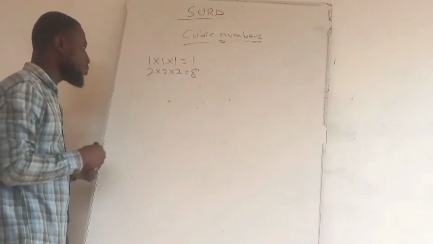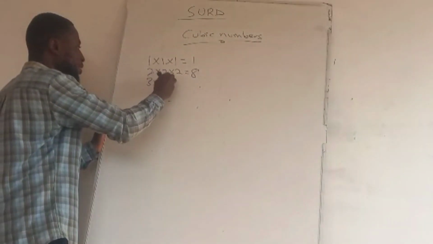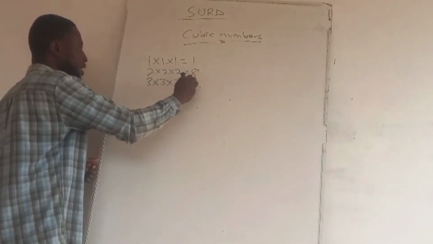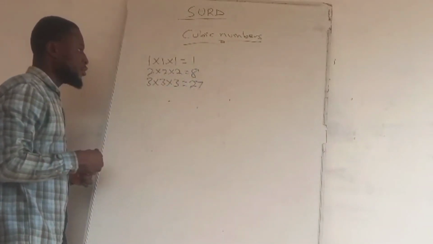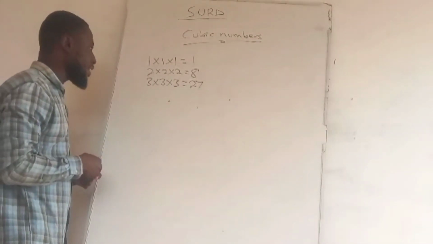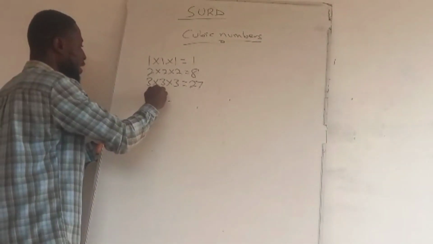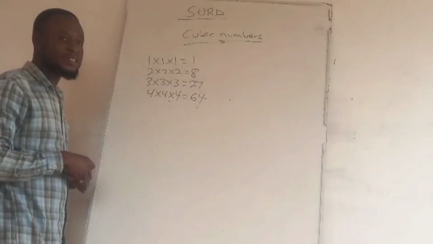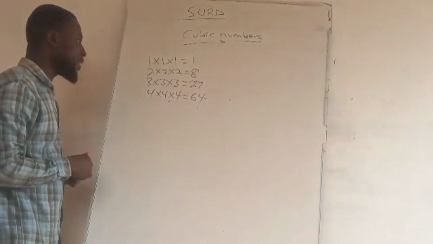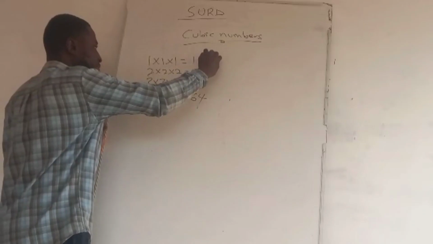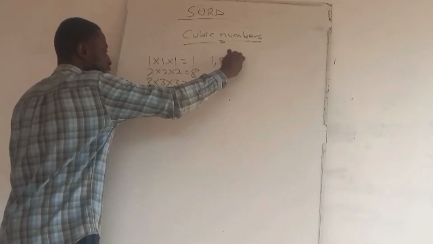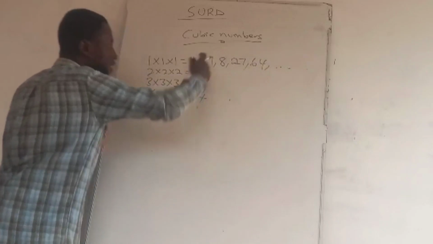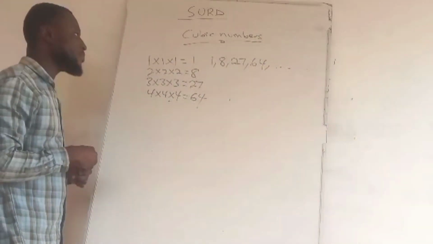So 8 is a cubic number. 3 times 3 times 3, the answer will be 27. So 27 is a cubic number. 4 times 4 times 4, the answer will be 64. So 64 is a cubic number. Let me list it here. So we have 1, 8, 27, 64 in that order. So these numbers are cubic numbers.